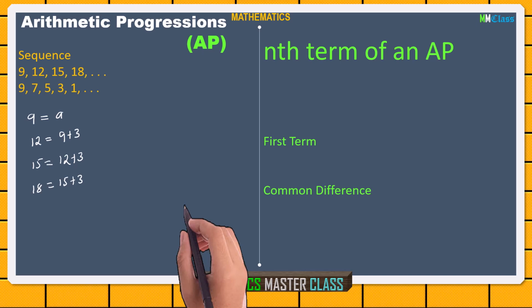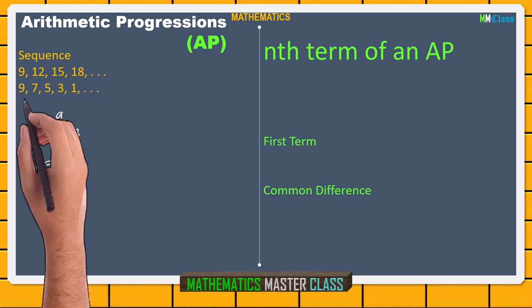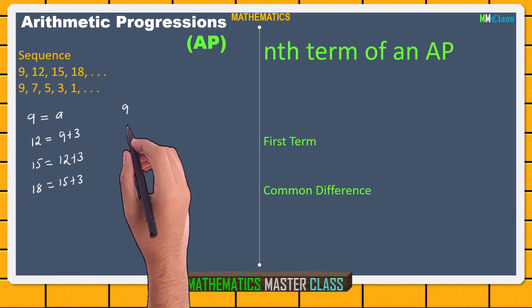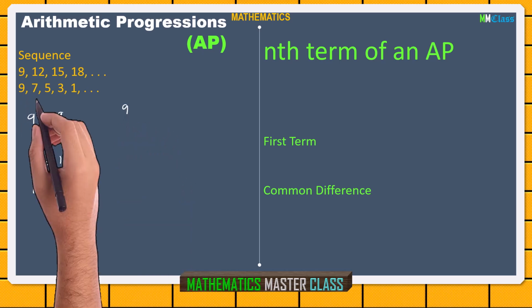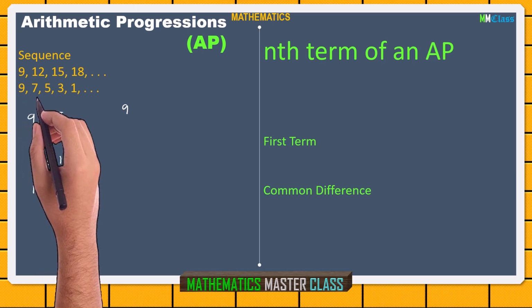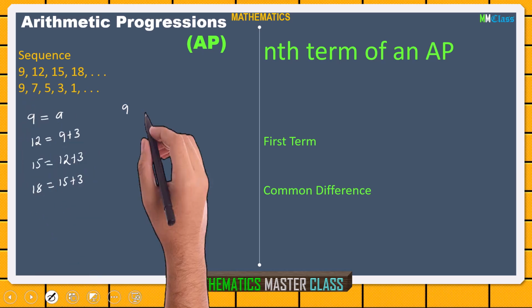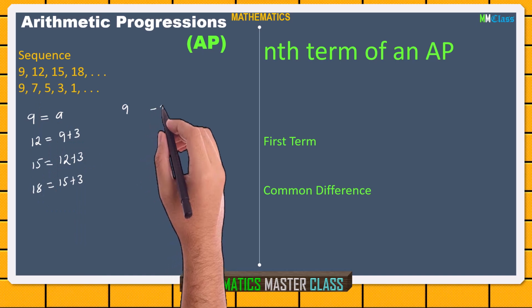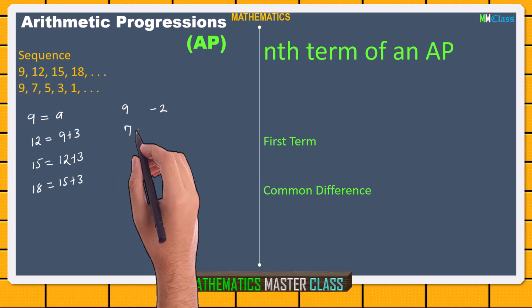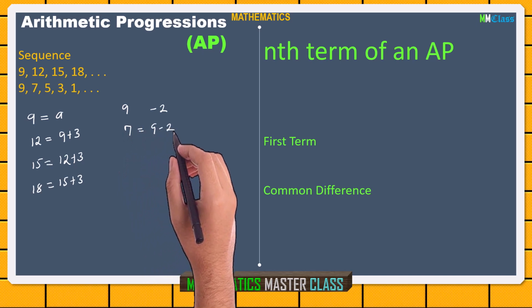So in an AP, the sequence moves in a particular pattern of addition, that is, increasing, moving from a smaller number to a bigger number, or decreasing, like the second one. Here the first term is 9 and the second term is 7. That means the number decreased from 9 to 7, so there is a common difference of minus 2. To get the second term 7, it will be 9 minus 2.